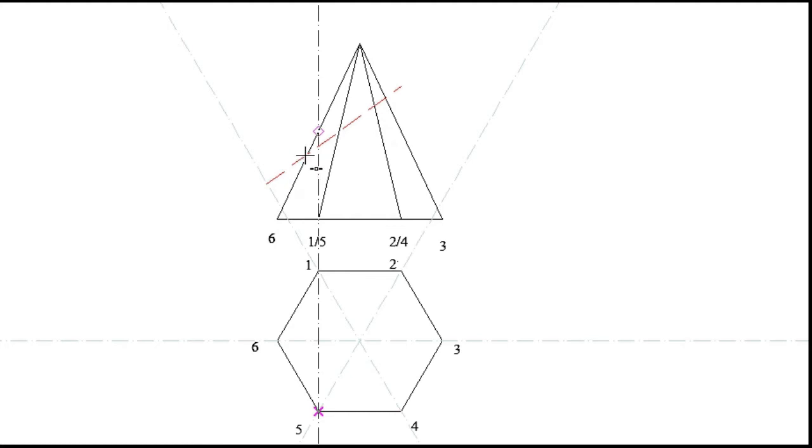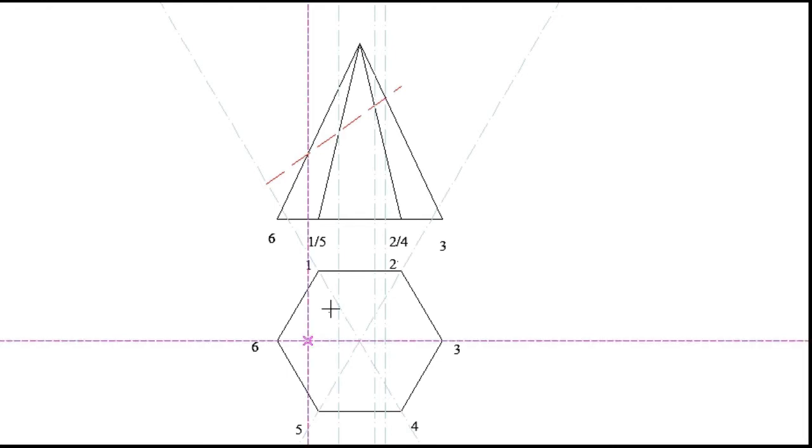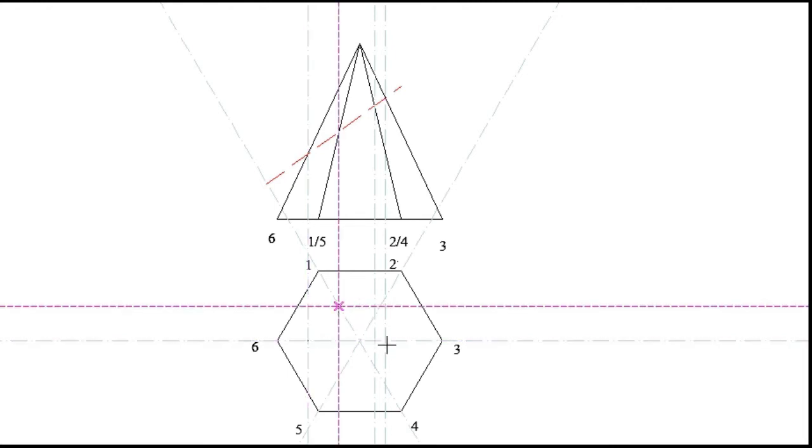So from this point I will draw a construction line going downward, and also another from this point going downward, and another from this point, and the last one from this point going downward. Now, because I have where the lines intersect with the cutting plane AA and the construction lines of the top view, I will place points on the intersection of all those lines.